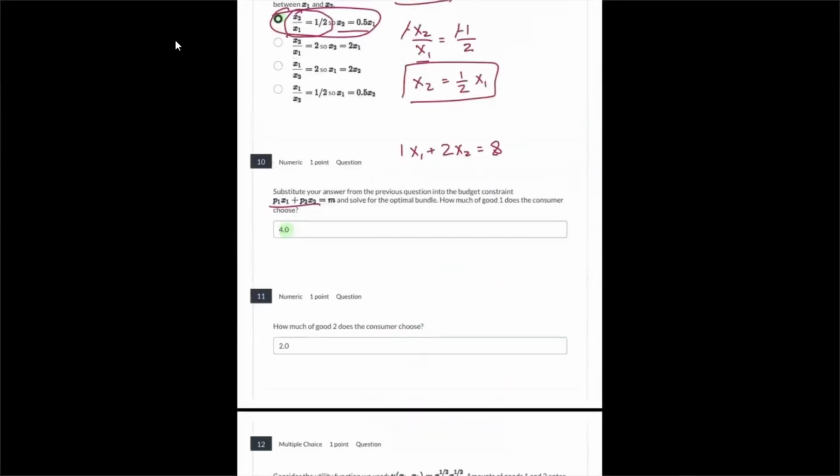We substitute in for x2 to eliminate x2. So we have an equation just with x1 in it. We get x1 plus 1/2 x1 equals 8. So we get x1 plus x1 equals 8, 2x1 equals 8, and x1 equals 4.